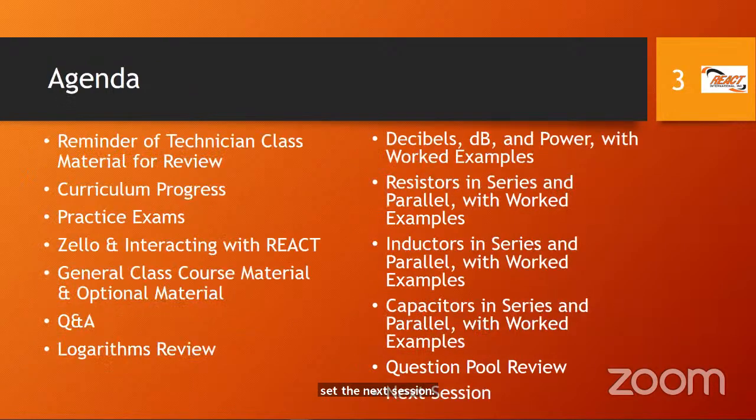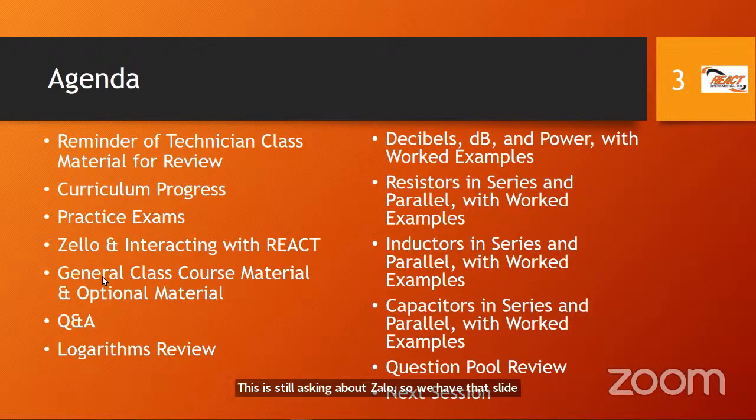Okay, so agenda for this evening. Again, we'll remind persons about the technician class material. We will have another look at where we are in the curriculum. We'll mention the practice exams again. Persons are still asking about Zello, so we have that slide that we'll probably run for a little bit again.